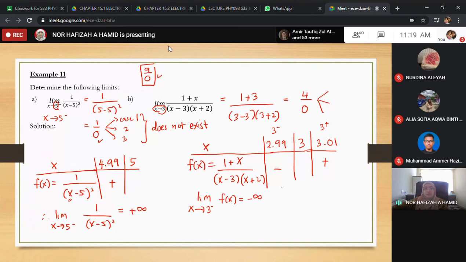The negative comes from the symbol. When the limit as x approaches 3 plus, f(x) is equal to positive infinity. Now you can make the conclusion. For the two-sided limit, when x approaches 3, f(x) does not exist.